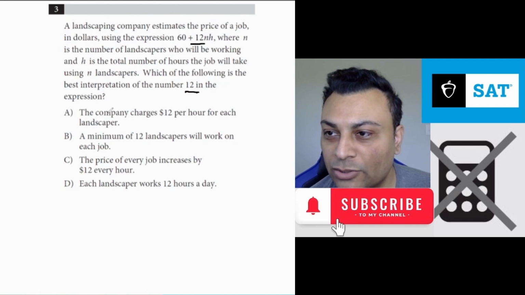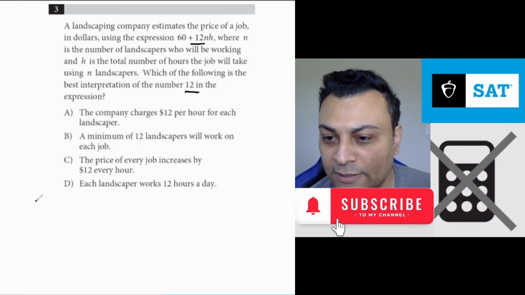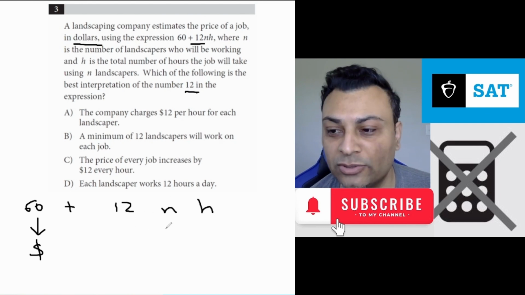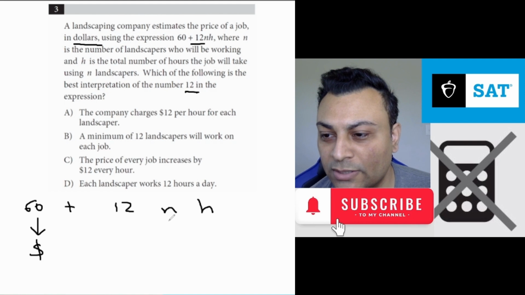Okay, so we have 60 plus 12NH. This 60 is in dollars because it says 60 is in dollars. That means this entire right side must come out to dollars at the end of the day. So this N stands for landscapers.